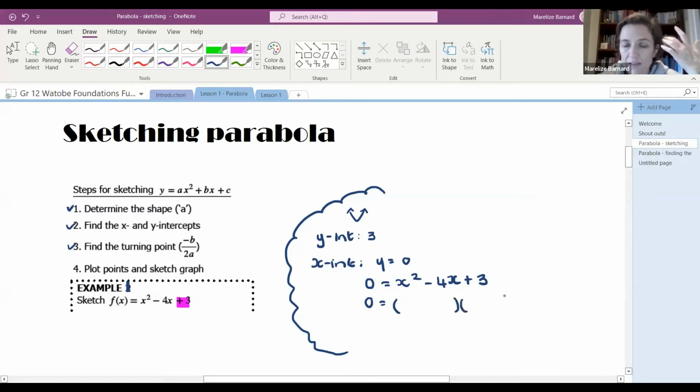And we can factorize this one, x minus 3, x minus 1. And that means x minus 3 is equal to 0, or x minus 1 is equal to 0. And then x is 3 and x is 1.